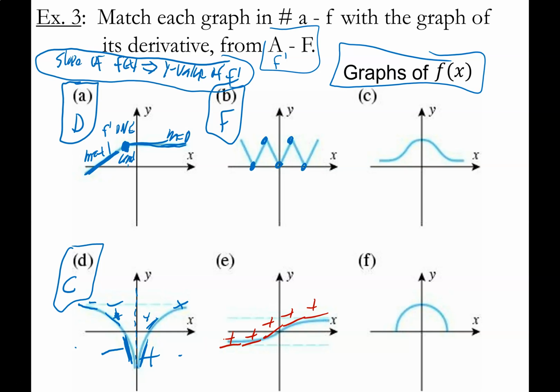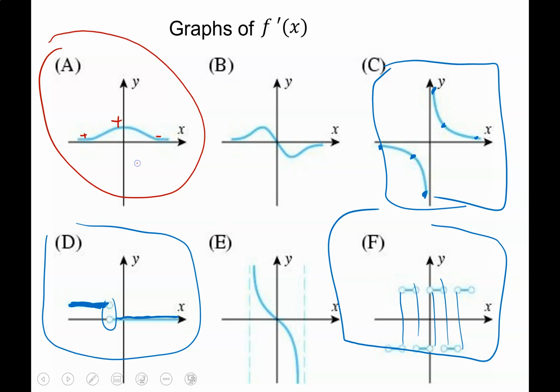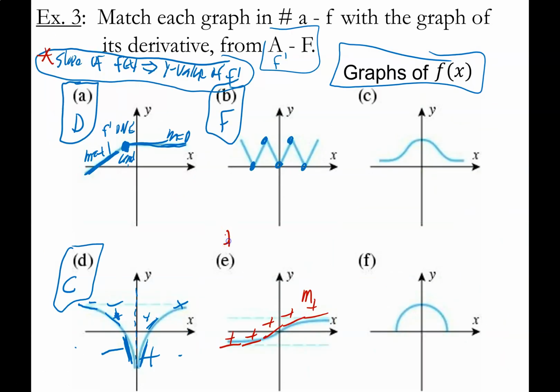Since all of these slopes are positive, remember, the slope of f is the y value of f prime, so I'm looking for an f prime graph where none of the points are below the x-axis. We have a winner there. Again, we have a small positive value, a bigger positive value, and then a smaller positive value. And that was A, I believe. So a small positive slope, a bigger positive slope, and then back to a small one.